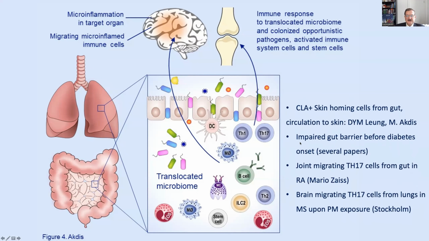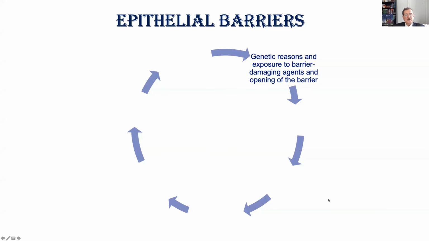There is several evidence for this, like CLA-positive skin homing cells from the gut. This was the PhD thesis of Mübeccel, and Donald Deering worked on this area. Impaired gut epithelial barrier before diabetes onset, joint migrating T helper 17 cells, and brain migrating T helper 17 cells were all reported. Now here is actually a conclusion slide.